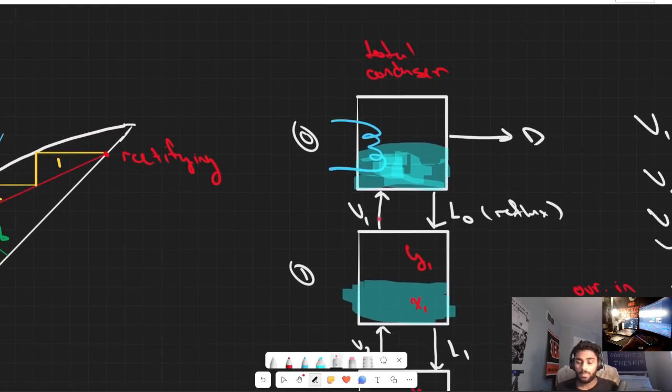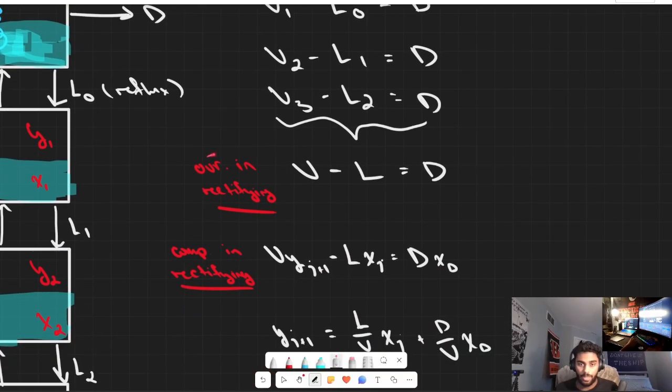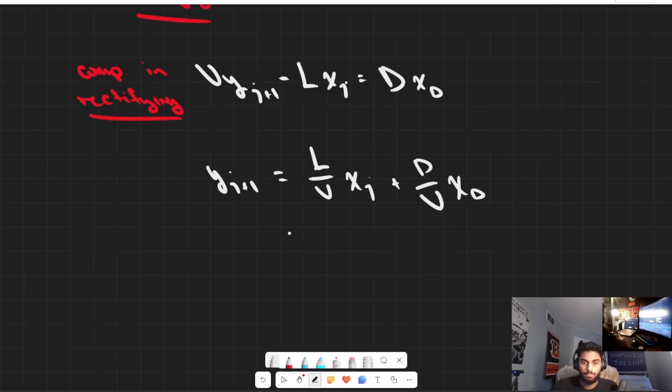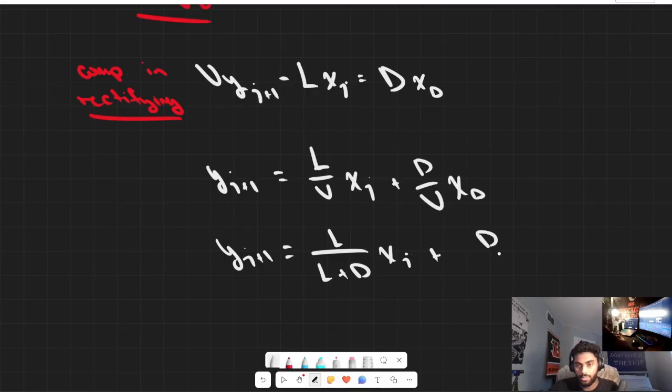So the mass balance comes down to basically this, which if we were to rewrite it, our vapor is equal to our liquid plus our distillate. So plugging that in for our vapor, we have y(j+1) equals L over L plus D times x(j) plus D over L plus D times x(D).